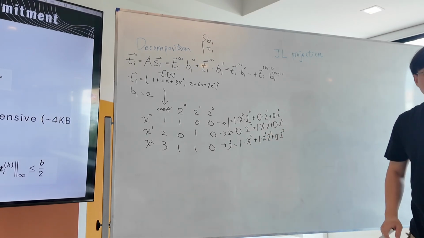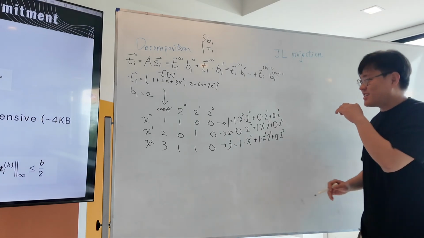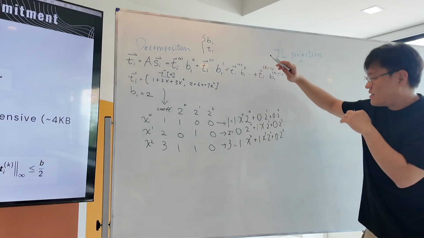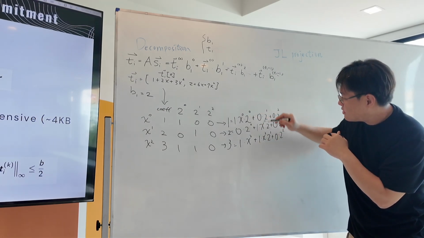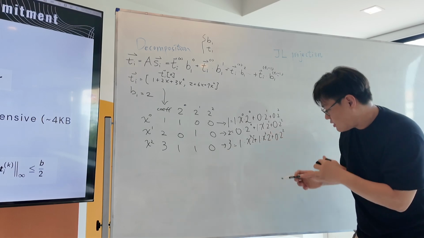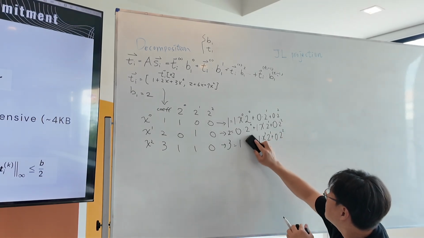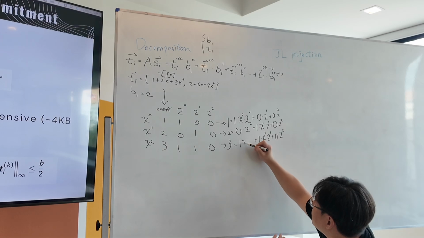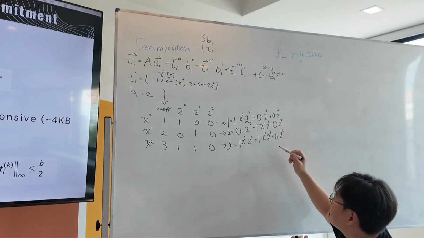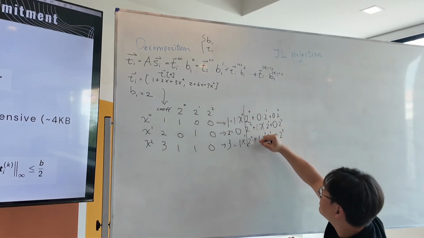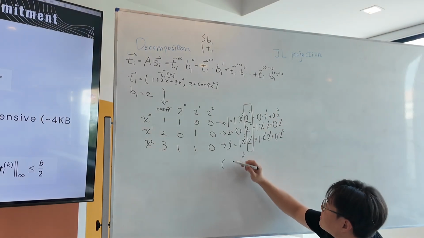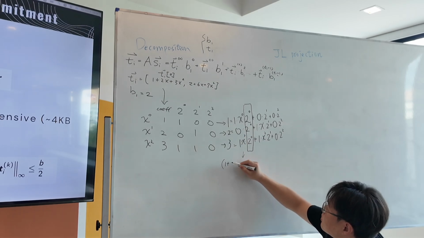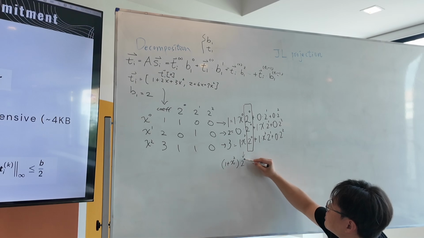So now we got a new polynomial here. If we separate it, for the 0 here, we can get 1 plus 0 plus x squared to 0.